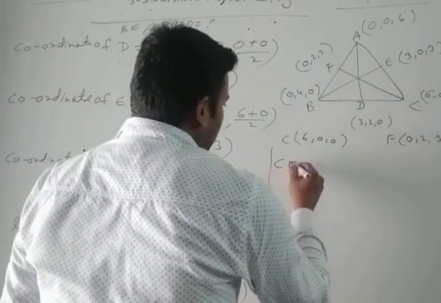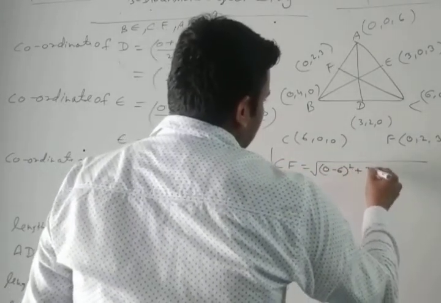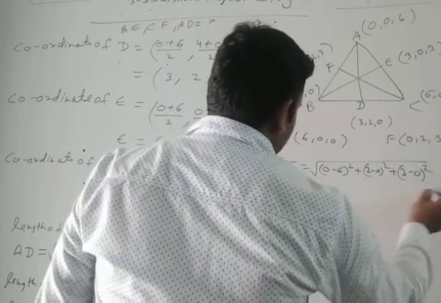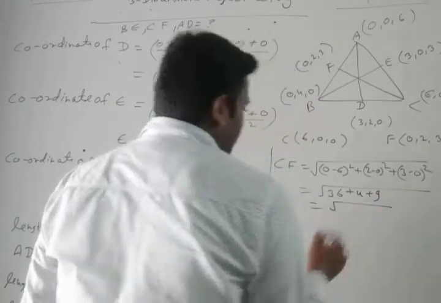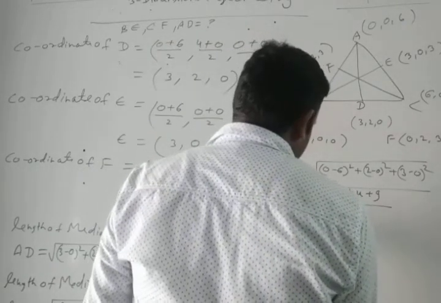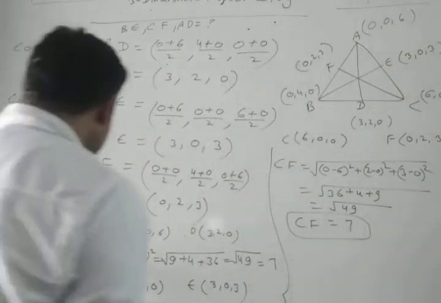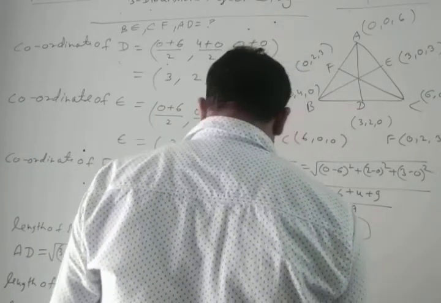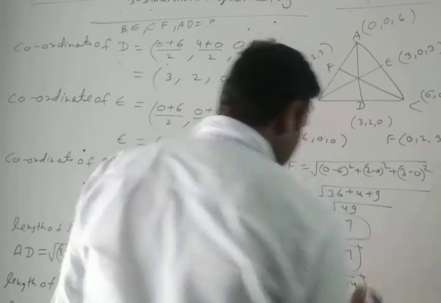So CF is equal to the square root of (0 minus 6) square plus (2 minus 0) whole square plus (3 minus 0) whole square. It will be 36 plus 4 plus 9. 36 and 4 is 40, and 49. It will be 7. CF is 7. So the lengths of the medians are AD equal to 7, BE equal to root 34, and CF equal to 7.